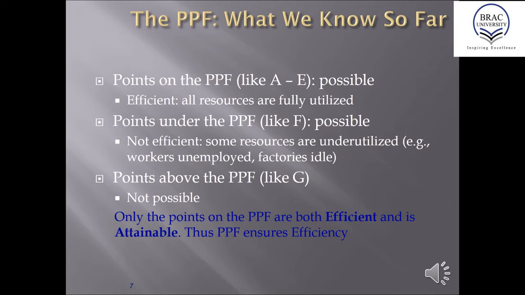On the other hand, points above the PPF, like point G, are very efficient because the country produces more of both goods, but not attainable because the country doesn't have enough labor resources to produce at this point. So only the points on the PPF are both efficient and attainable. That is how the PPF illustrates the concept of efficiency, and it ensures that at any point on the PPF, we are producing an efficient combination of goods.